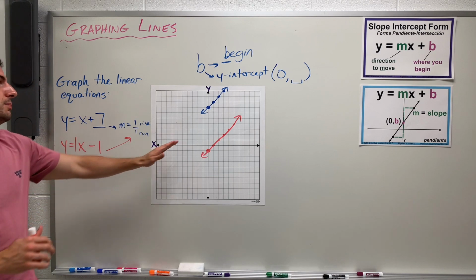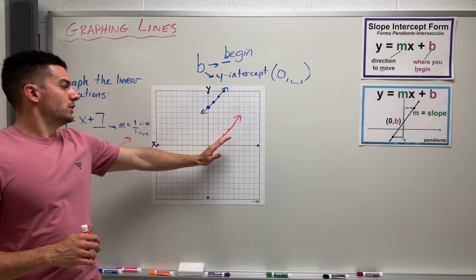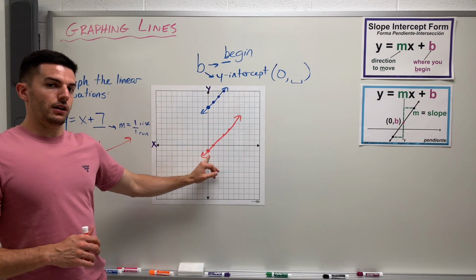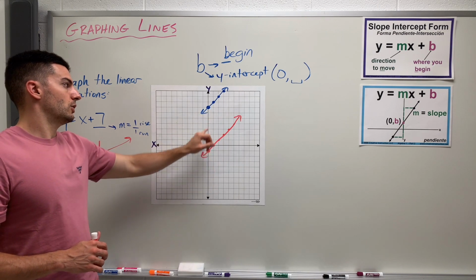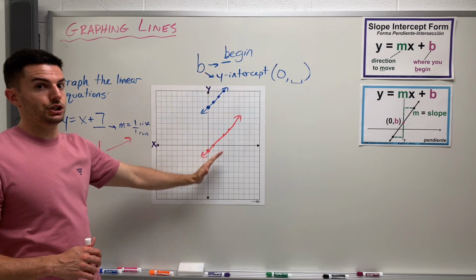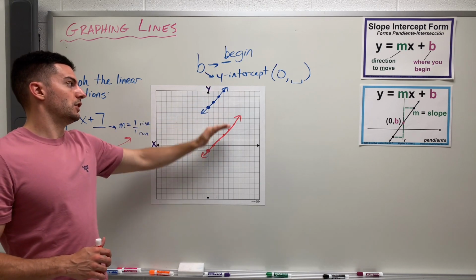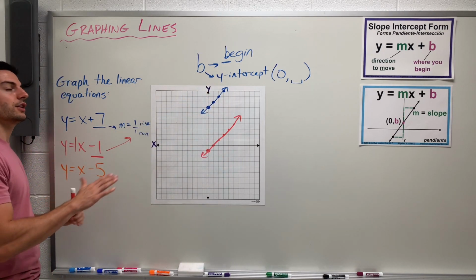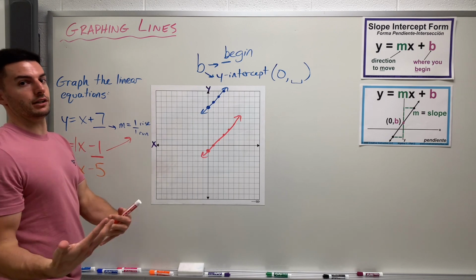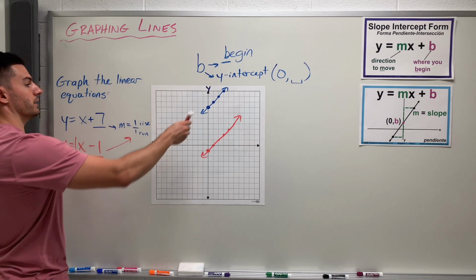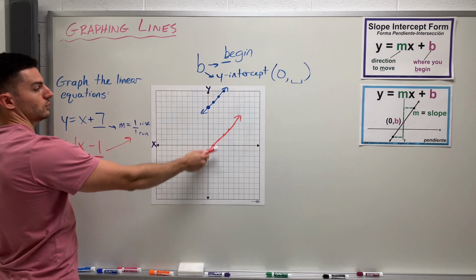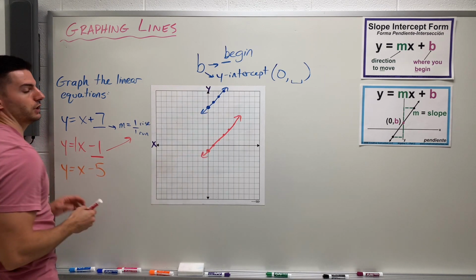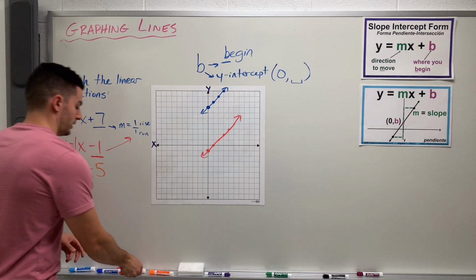But anyway, the b value changes where I begin drawing my line, or where it touches the y-axis. So when that's different, it's almost like pushing the line down or up a little bit when I change that b value. The shape, or where the line is moving, doesn't change at all, but just where it starts changes. Let me show you that with one more.